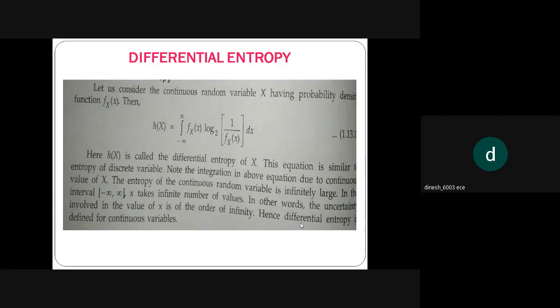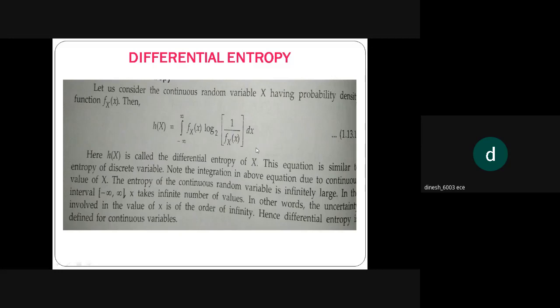So consider a variable x having probability density function f_X(x). Then for H(X), which is a differential entropy, you can find the value ranging from minus infinity to plus infinity of f(x), which is a function of x, times logarithmic 1 divided by f(x), into dx.